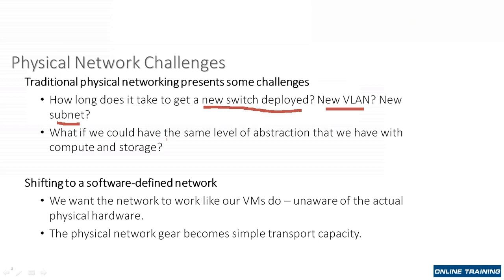We could just roll it out right in the virtual network without having to make any changes on the physical network. Right? That's the goal of NSX, is to basically allow us to make network changes, and the physical network gear becomes simple transport capacity. We can make whatever changes we want on the virtual side, on the NSX side.